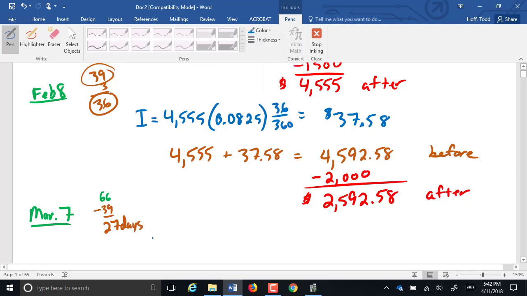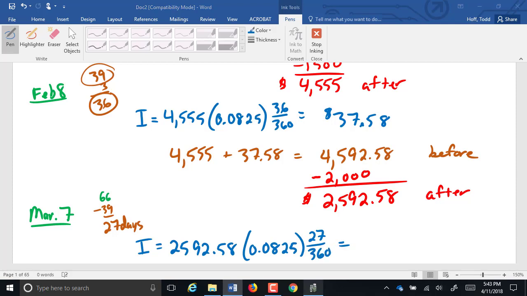Then what do we do? Okay, so we've got 2592.58. Then what? 0.0825, yep, and then? Perfect, 27 over 360.